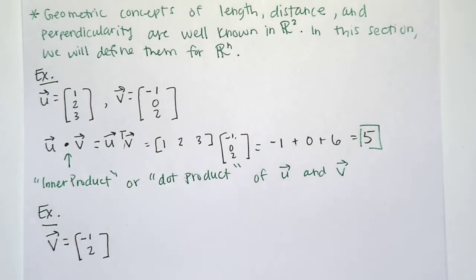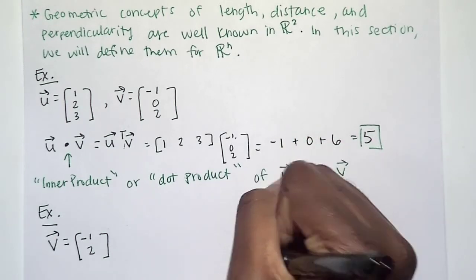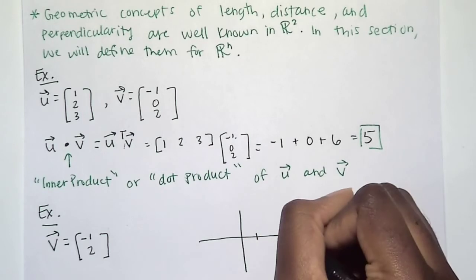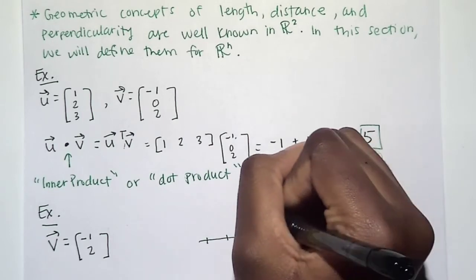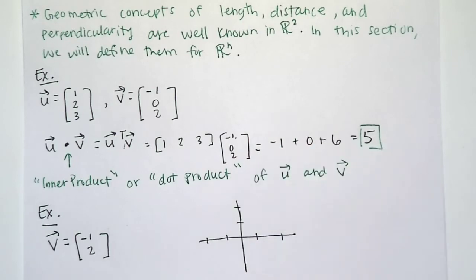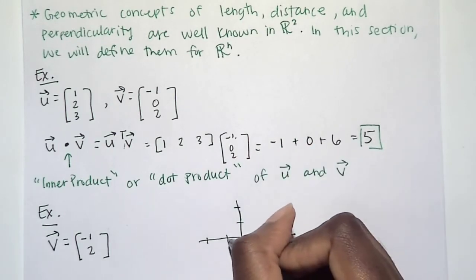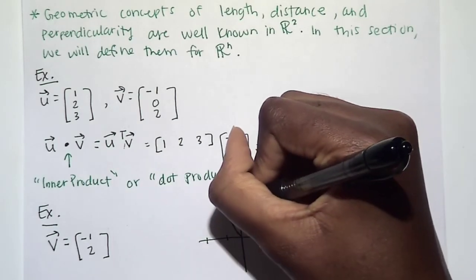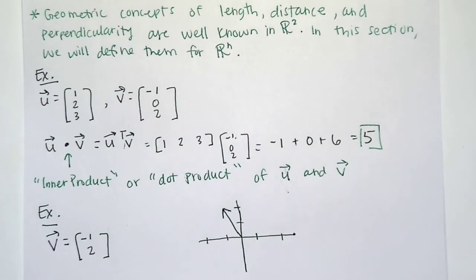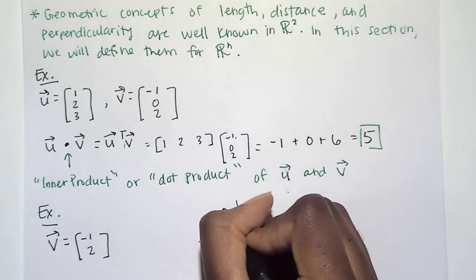Since it's in R2, I'm going to go ahead and draw this vector so we can get a visual representation of what's happening and what we're going to be doing with it. All right, so the vector -1, 2 looks like this. This is our vector V.